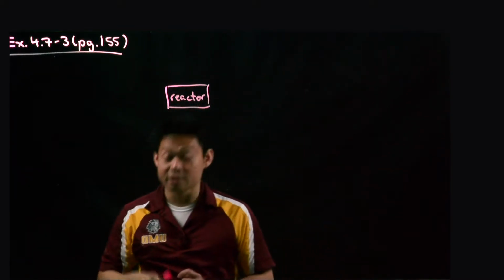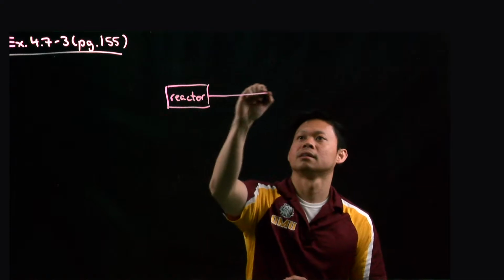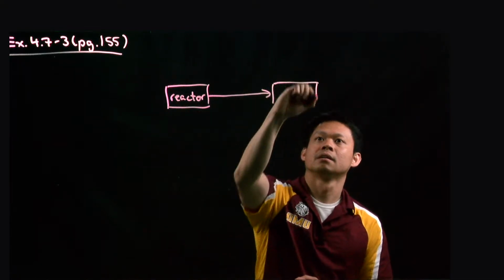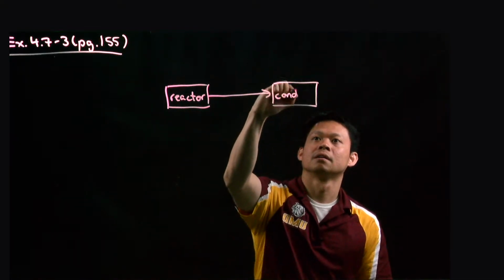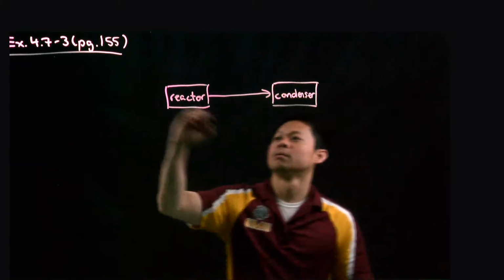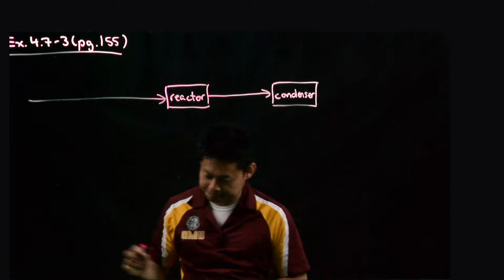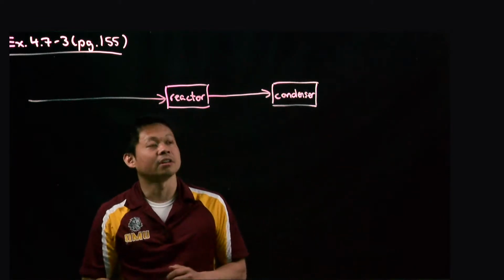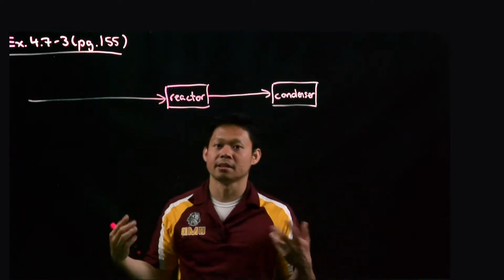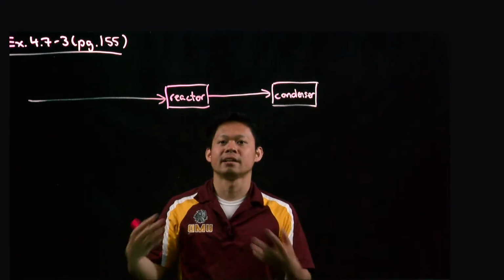And the reactor effluent is going to pass out to a condenser. We are told that there is a fresh feed that goes into this reactor right here. In terms of the condenser, what a condenser does is it takes a gas and then converts some of that gas into a liquid.